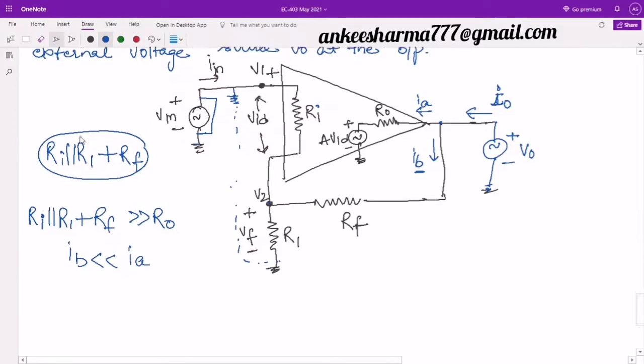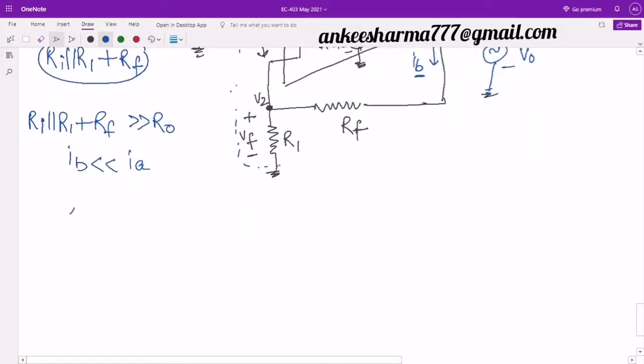Or, if the total current I0 is equal to IA plus IB, can I say that I0 can be approximated equal to IA only, because IB is very small because of the high resistance faced by it in this circuit. So with this calculation, I am going to calculate the value of my output resistance with feedback.